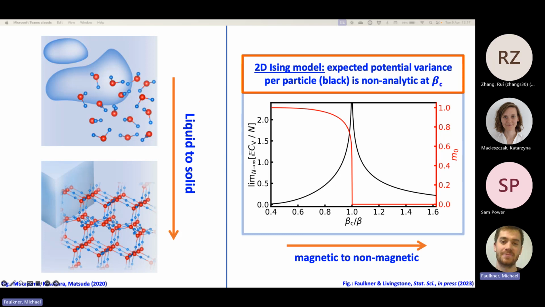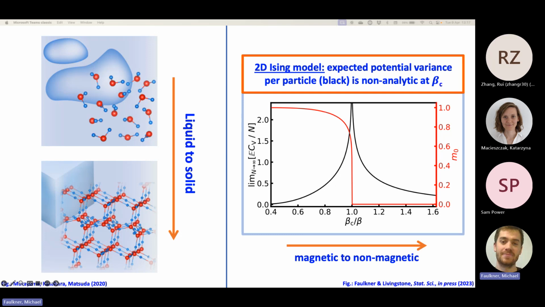Okay. So one example of what might happen is as you vary the temperature across some phase transition, you might get a liquid to solid transition. Let's just pretend this is some material that changes from a liquid to a solid as you vary some thermodynamic parameters. You might get the particle correlation functions changing form entirely.